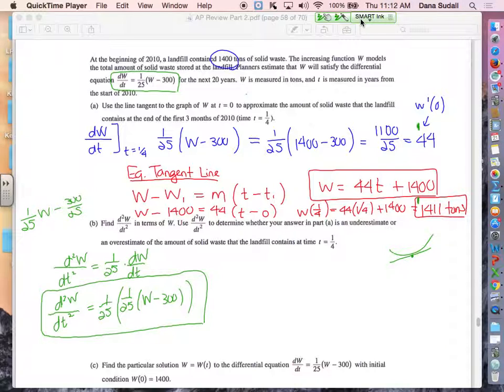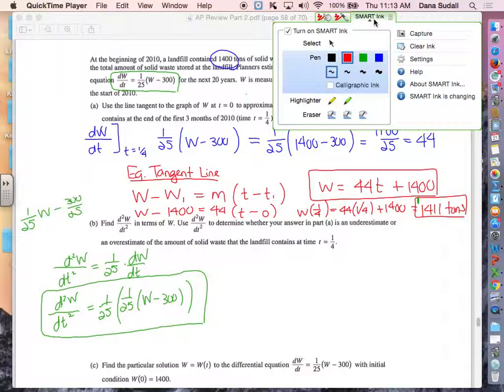It's going to be an underestimate. If your curve is concave down, the equation of your tangent line there is going to be above the curve, so it's going to be an overestimate. So really, if we can figure out the concavity, we can figure out whether we had an underestimate or overestimate. And concavity is determined when that second derivative is positive or negative.